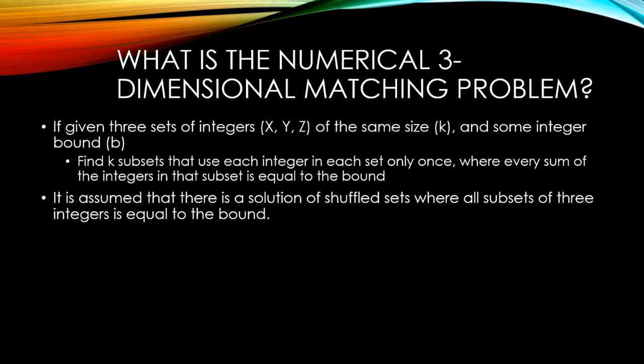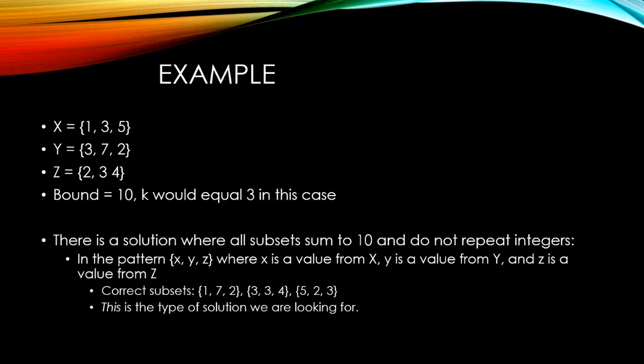This may sound hard to visualize, so here is an example. In this example, given three sets x, y, and z, and given a bound of 10, find the solution where all subsets sum to 10.